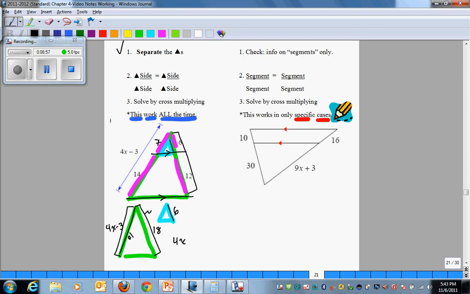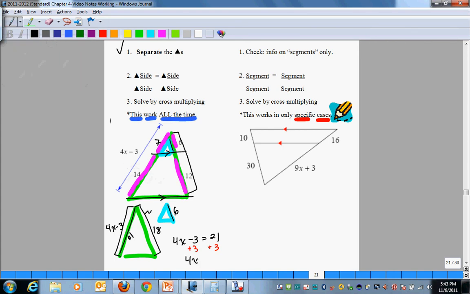So we have 4x minus 3 equals 21. Now we can solve for x. Plus 3, we have 4x equals 24, x equals 6. Let's see if that actually worked. 4 times 6 is 24, minus 3 is 21.